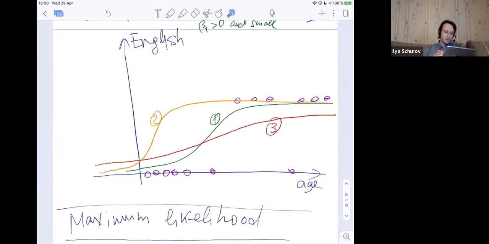Well, yes, in a sense, but if we are speaking about probabilities, we have to be accurate, because finding just squares of differences is not so natural here. For example, if we compare curve number 1 and curve number 2, on one hand, we see that curve number 2 is very close to these points. But what's the problem with curve number 2?